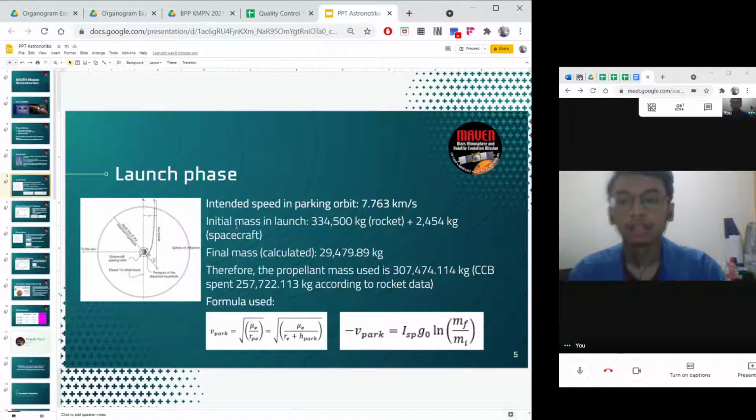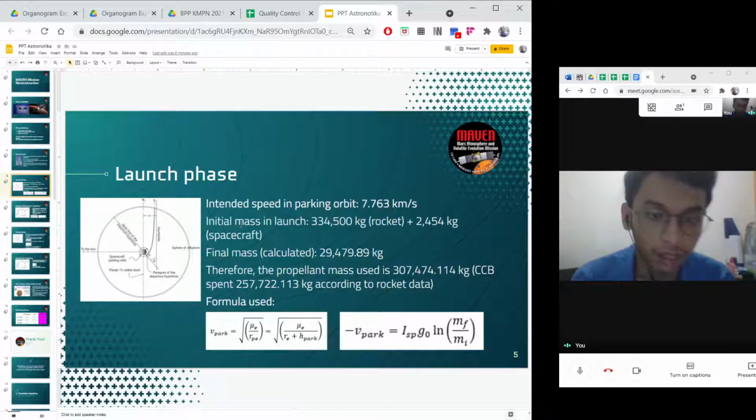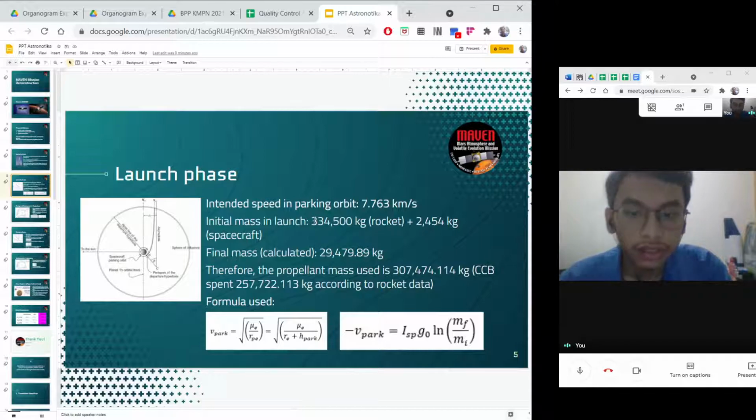Okay, so the intended speed in its parking orbit, by using the Vis-Viva formula, is 7.763 km per second, and the initial mass in the launch phase is the sum of the rocket mass and the spacecraft mass, which is around 337,000 kilograms.